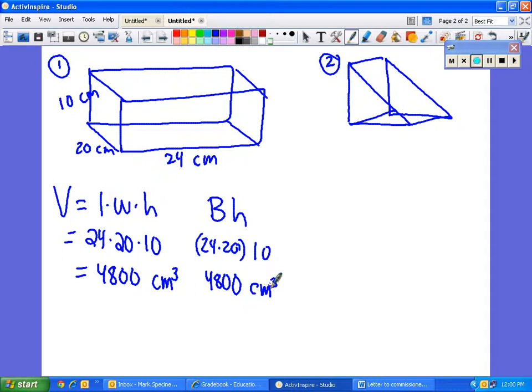Okay, now let's take a look at a triangular prism. Slightly more complicated. Okay, so again, the volume is the area of the base times the height.